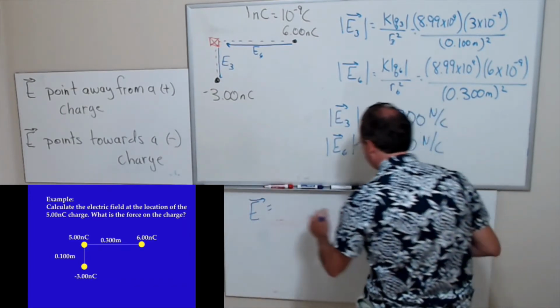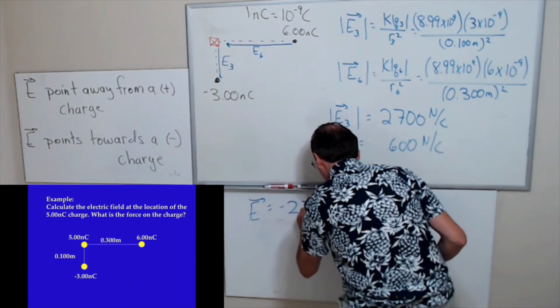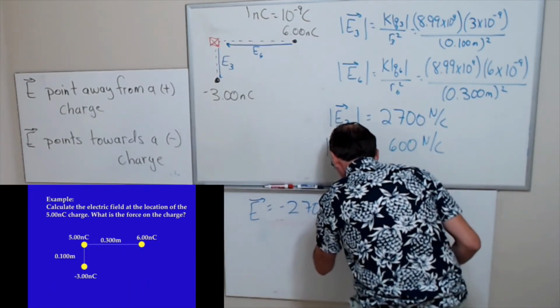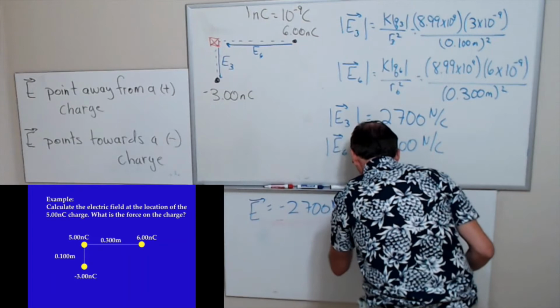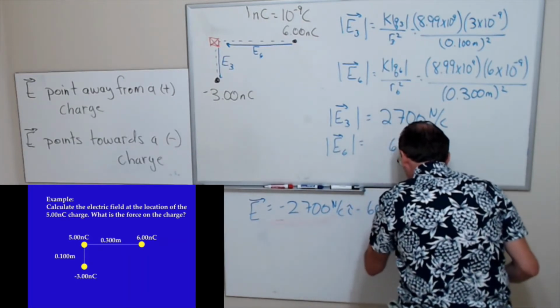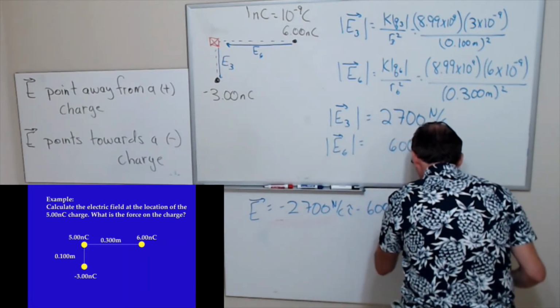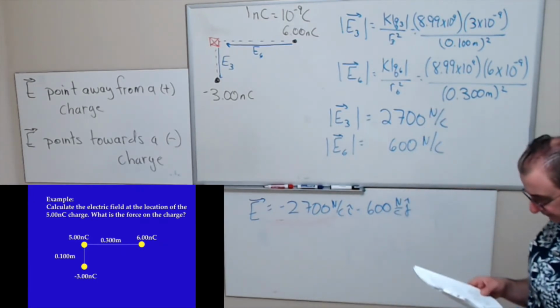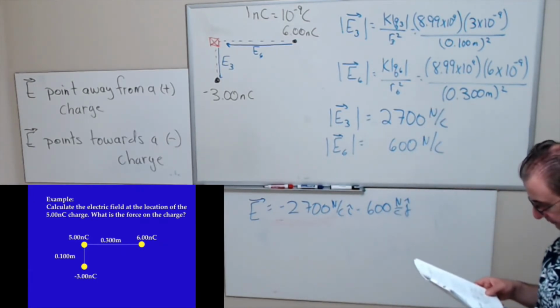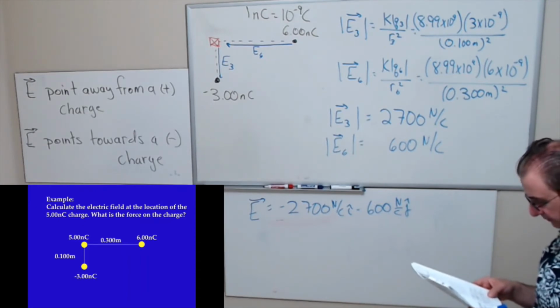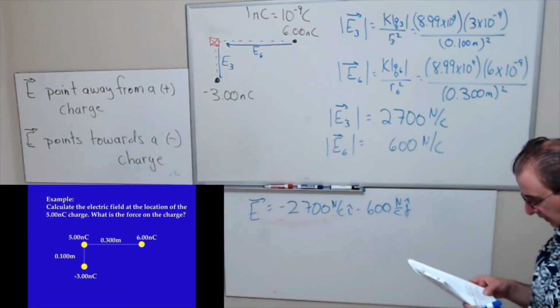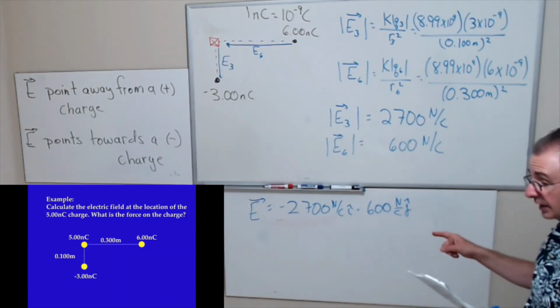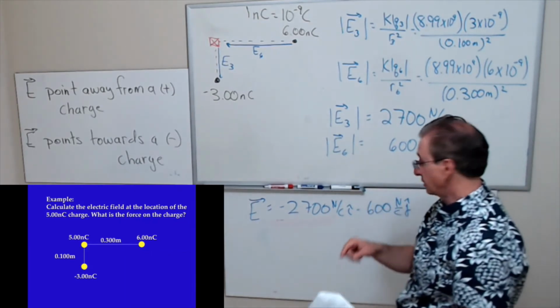This one points toward the left, and the other one points downward. There's my electric field. Both components are negative, so this is a vector that points in the third quadrant.